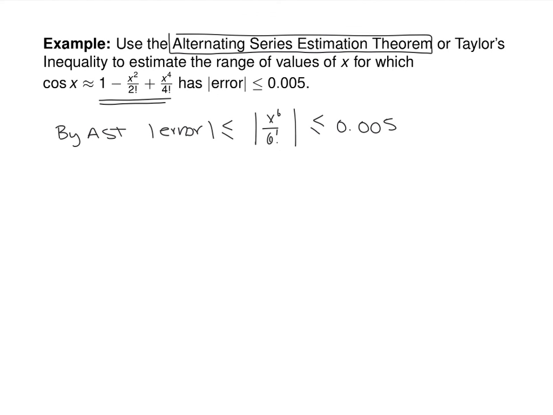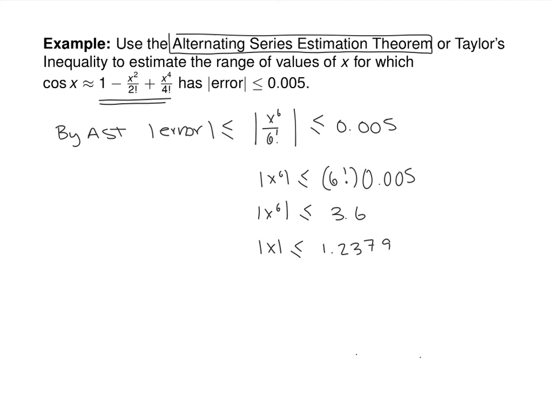Well, multiplying 6 factorial over, we have the absolute value of x to the 6th is less than or equal to 6 factorial times 0.005, or the absolute value of x to the 6th is less than or equal to 3.6. And then 6th rooting, we have the absolute value of x is less than or equal to 1.23799.